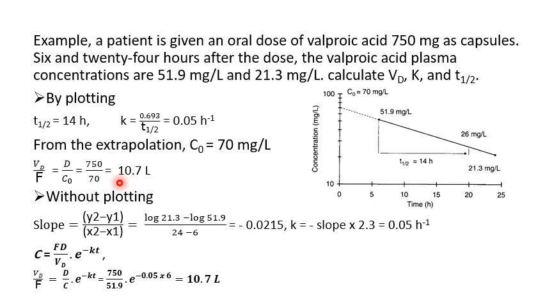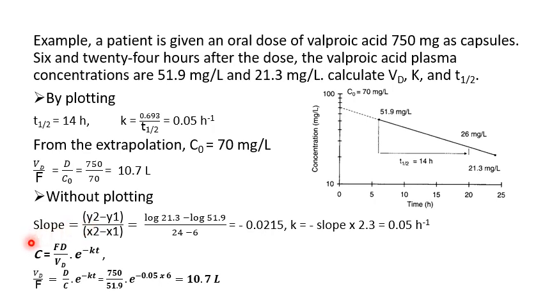This equals 10.7 liter. Also, we can do the calculation method without plotting, by calculating the slope on a logarithmic scale of these 2 points and the difference between their times, which equals minus 0.0215. Then we can simply calculate the elimination rate constant, and also the half-life of the drug. You can see here that we got the same results using the calculation method as with the plotting method.